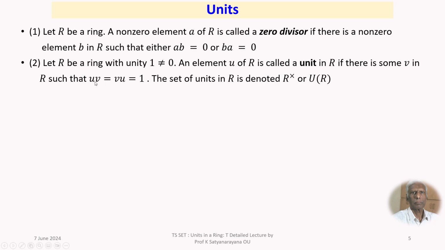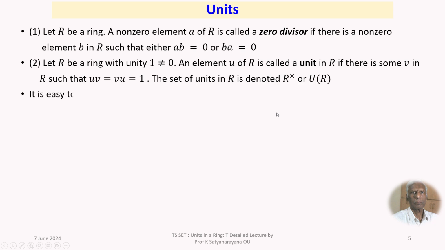So who are the units? Units are invertible elements. If they have an inverse, then they are called units. And the set of all units of a ring R is denoted by R superscript cross, or U of R. U of R stands for units of R. Agreed.